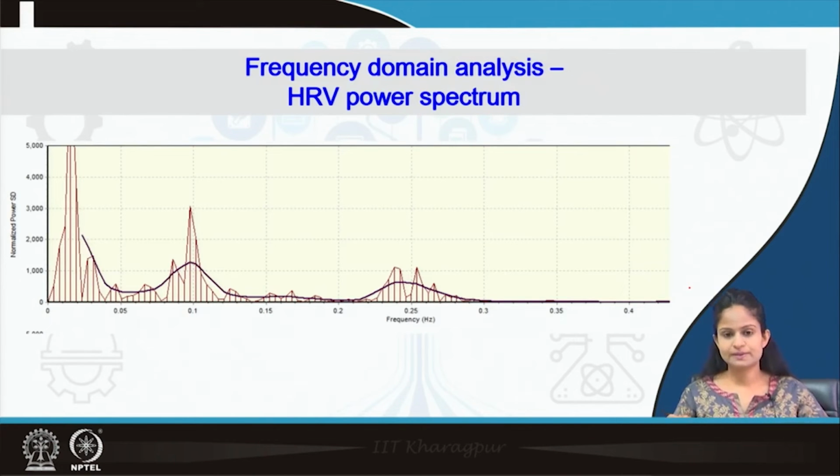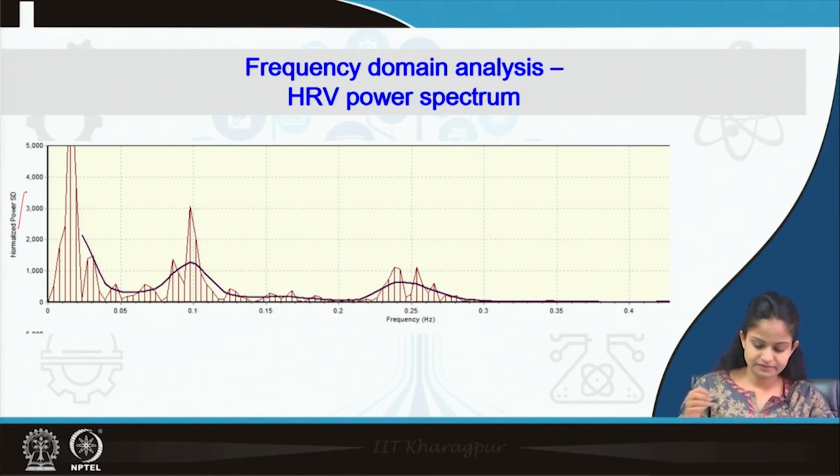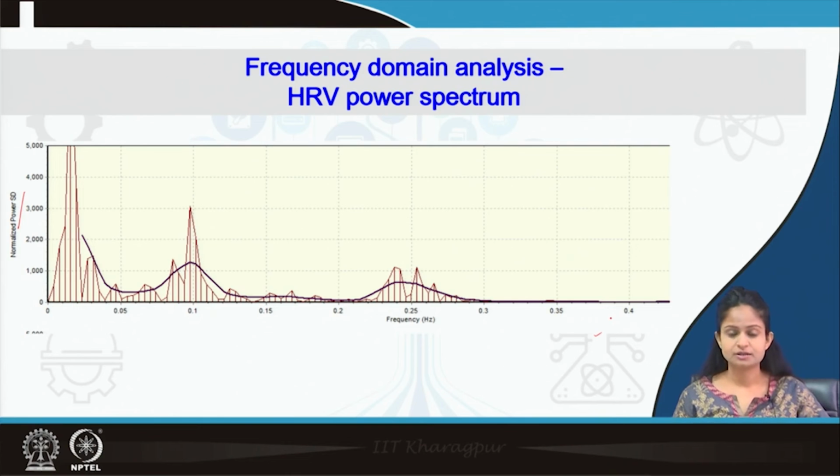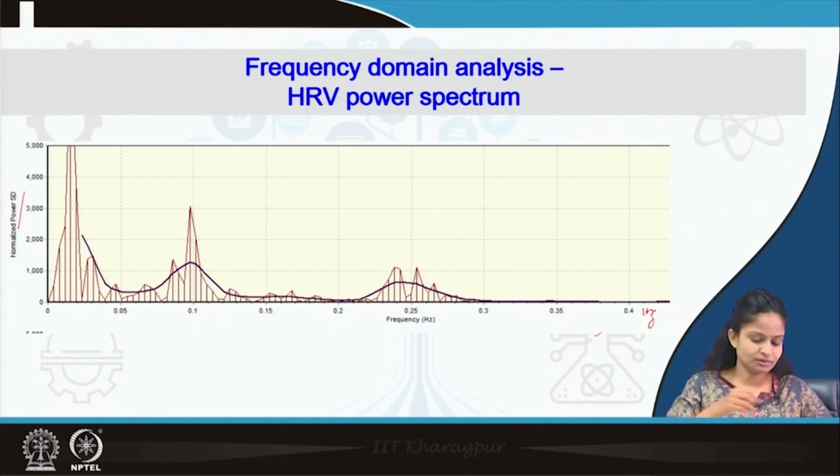So, this is the frequency domain analysis or the power spectral analysis. You can see the normalized power unit is given, and this is the frequency which is lying from 0 to 0.4 hertz. This is the normalized power, that means the percentage of the power we will see.